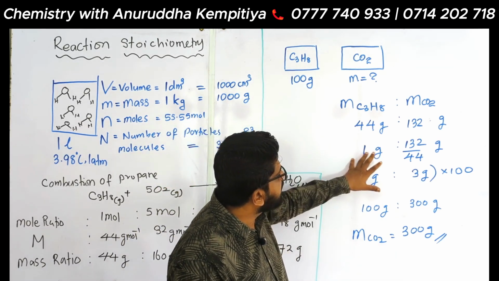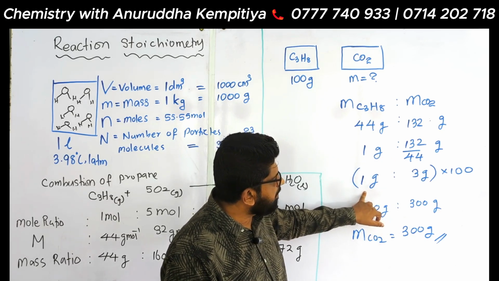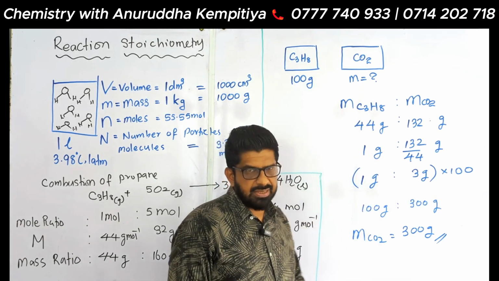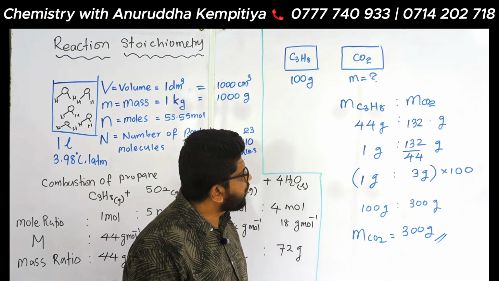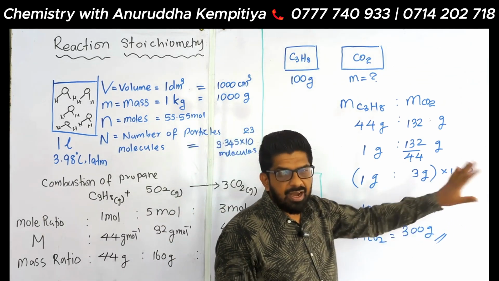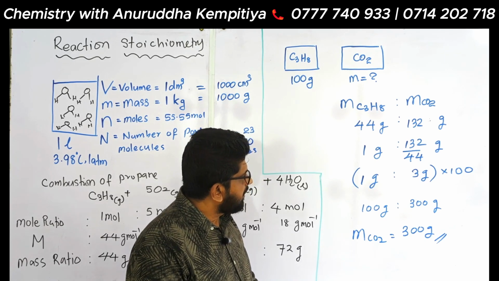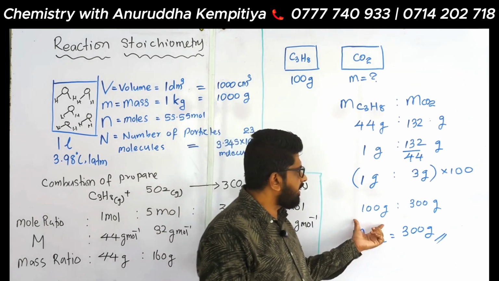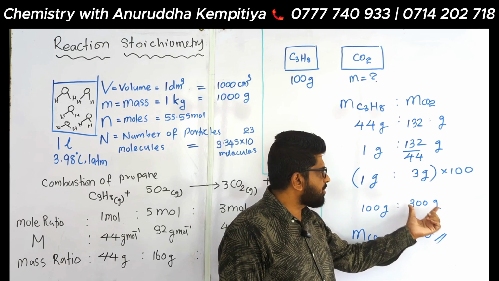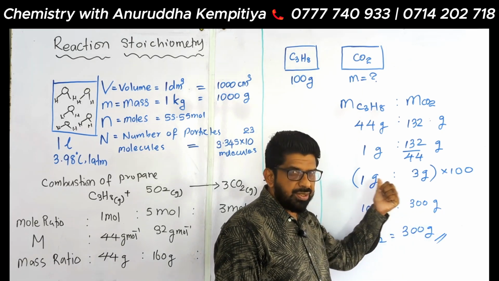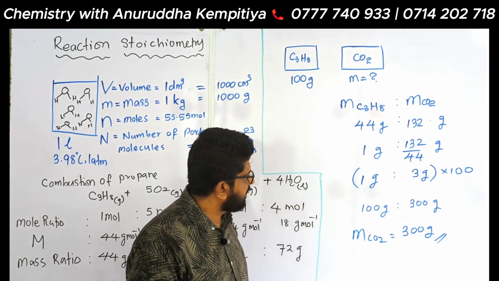Right? When I divide, I'm getting 1 gram is to 3 grams. Then I am going to multiply this with 100. Then 100 grams is to 300 grams. Both sides of the ratio must be multiplied.